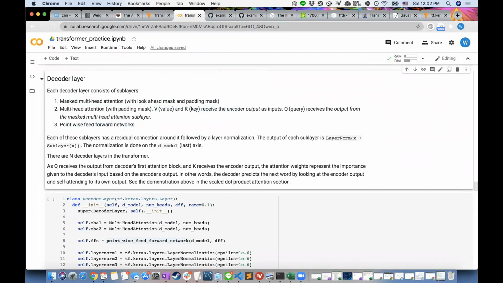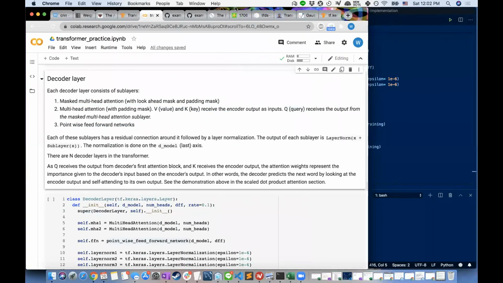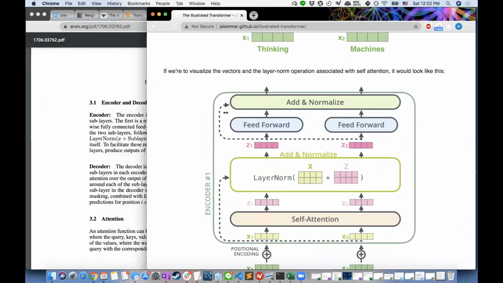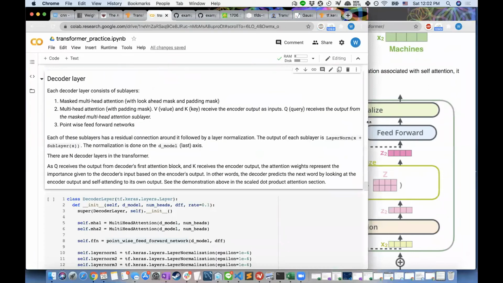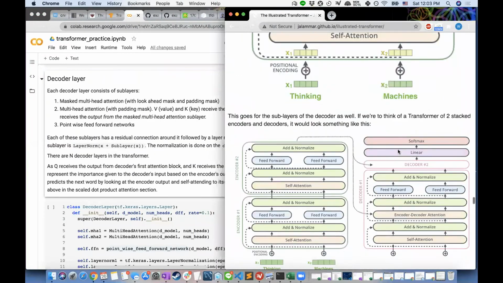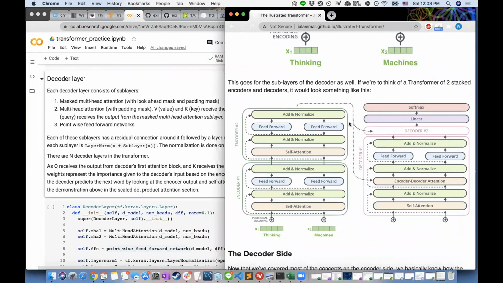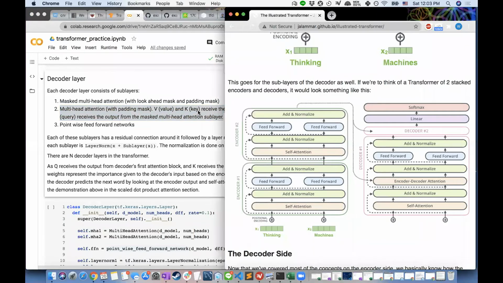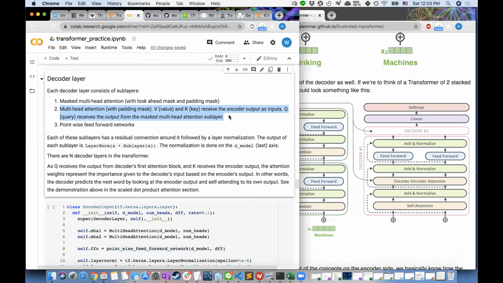Again, let me just do this. So the decoder only takes in the encoder's K and V, and it gets passed into only the encoder-decoder attention, which is the second sublayer here. So only the second sublayer, encoder-decoder attention, takes in the V and K from the encoder.